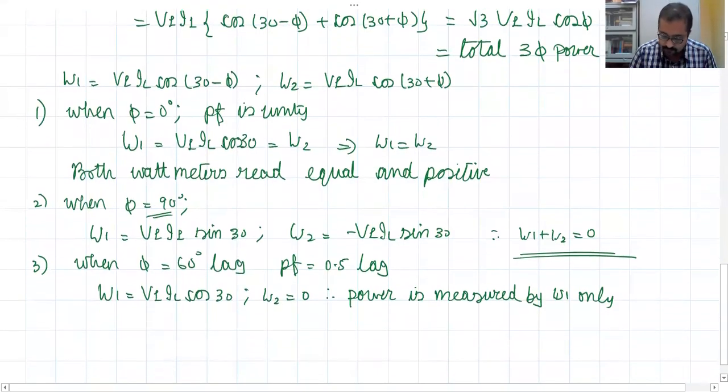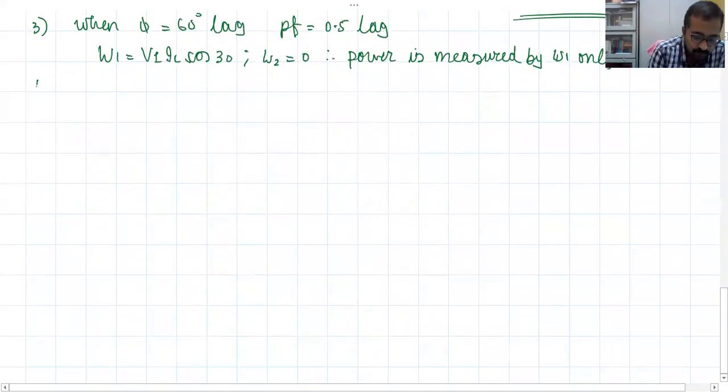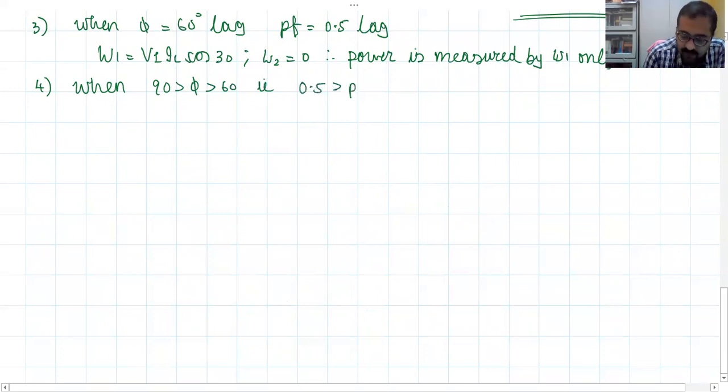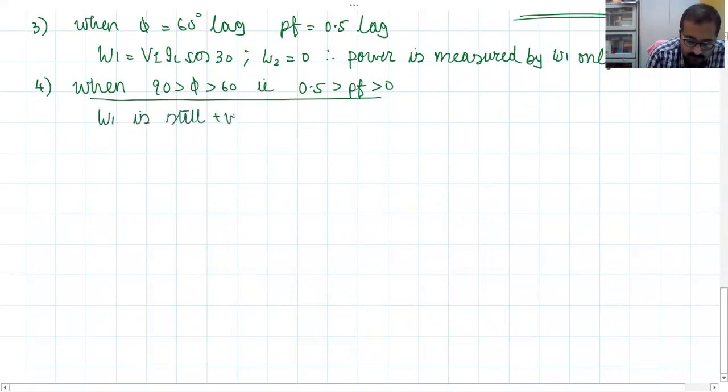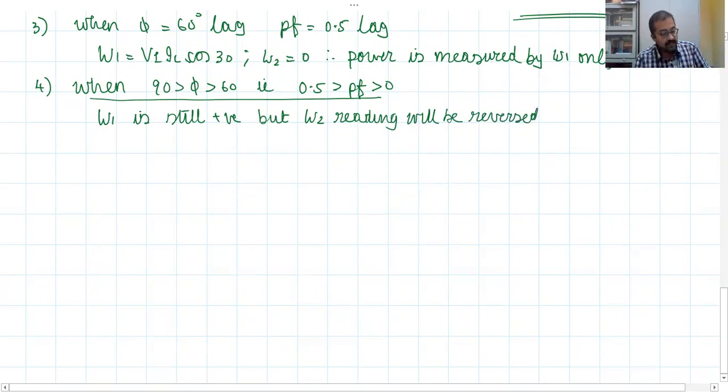Now moving on, last case. Case 4: when the power factor angle is between 60 and 90 degrees, that is, the power factor is between 0.5 and 0. In this case, W1 is still positive, but the W2 reading will be reversed.